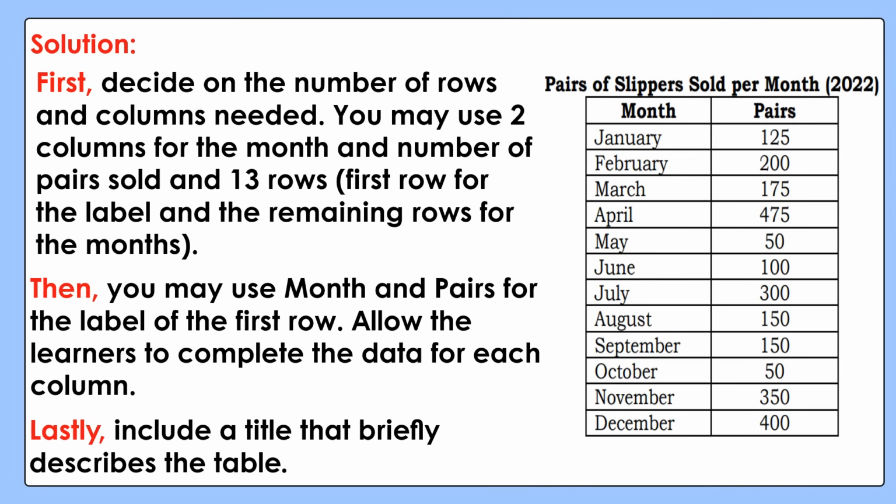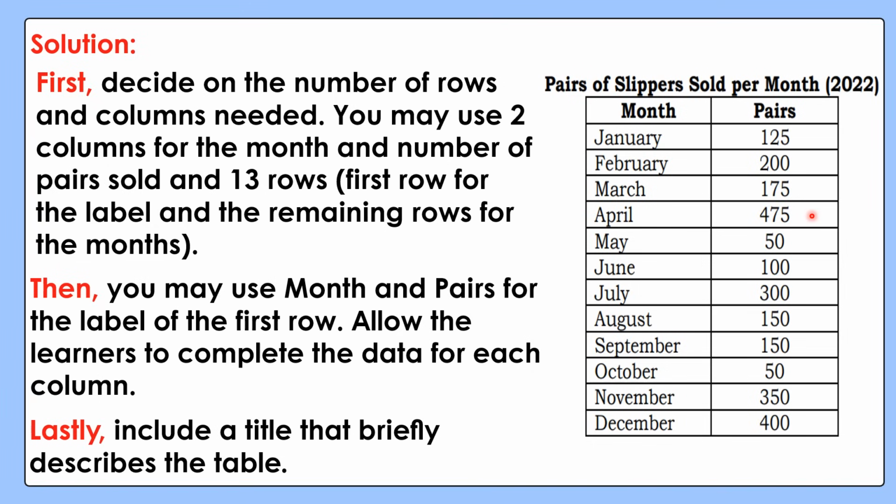The title is pairs of slippers sold per month, 2022. First column, we have month, and the second column, we have pairs. January, 125 pairs. February, 200 pairs. March, 175 pairs.